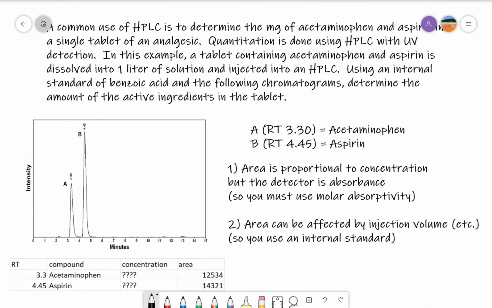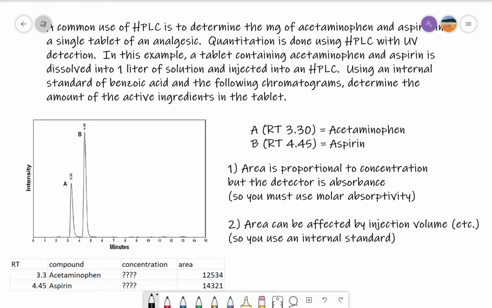Let's talk about a specific example of this. In this experiment, what we're going to want to do is determine the amount of acetaminophen and aspirin in a single tablet of an over-the-counter analgesic. Quantitation is going to be done by separation of the different components with HPLC, and then quantification being done by a UV detector.